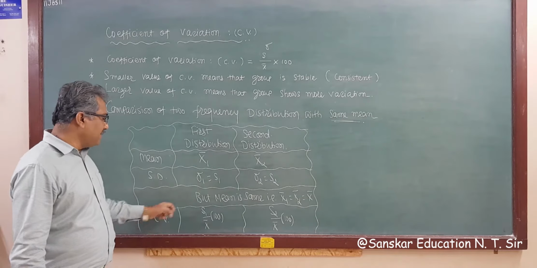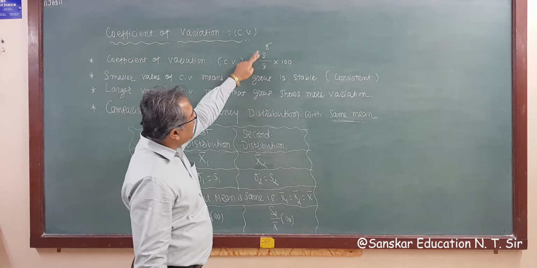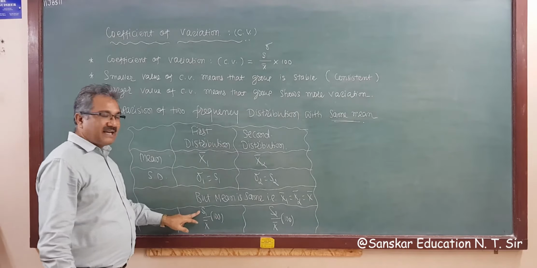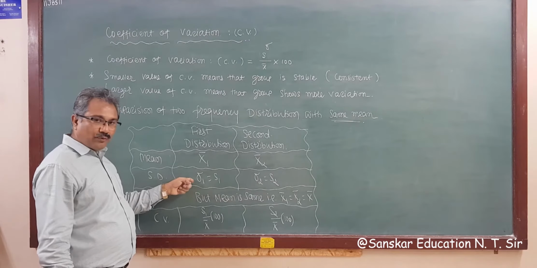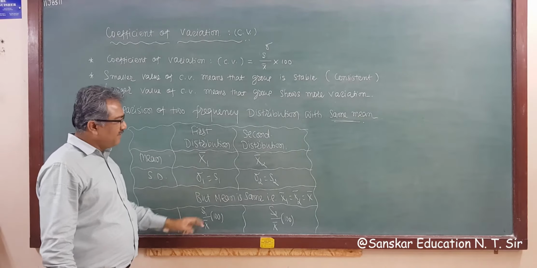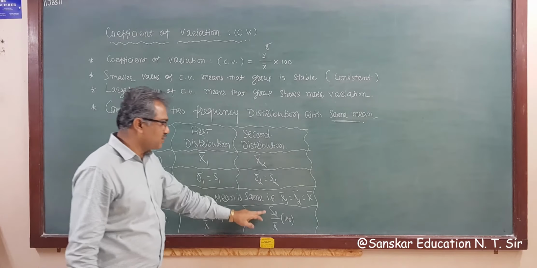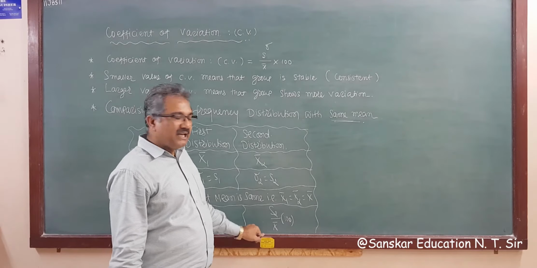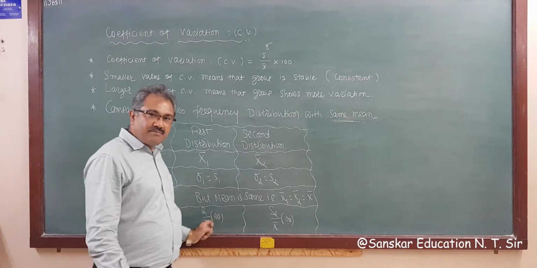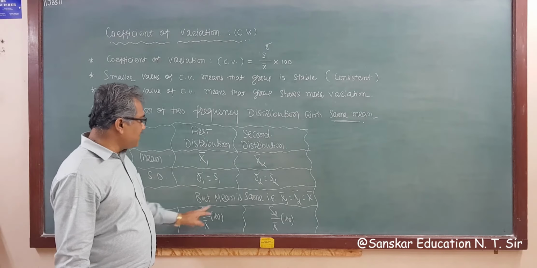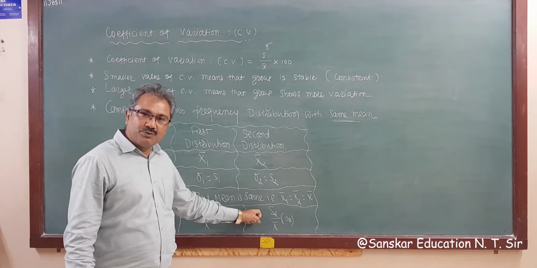So your CV will be, from the formula standard deviation upon mean, the standard deviation S1 of the first group upon the mean, and we take x bar. So S1 upon x bar into 100 and S2 upon x bar into 100. In the denominator x bar is the same, there is the same mean, so everything depends upon S1 and S2.